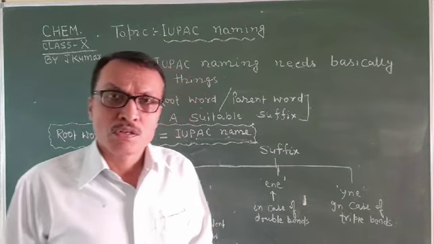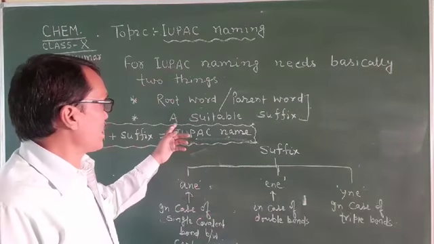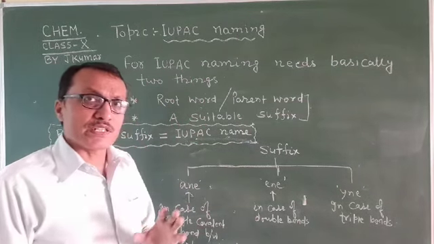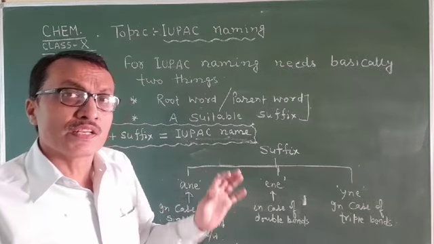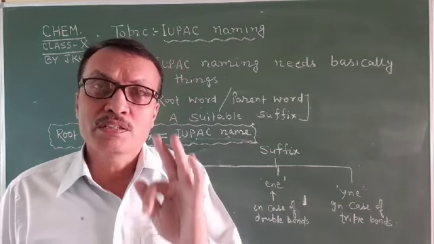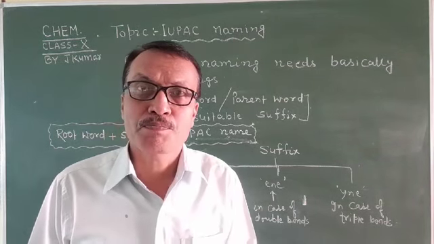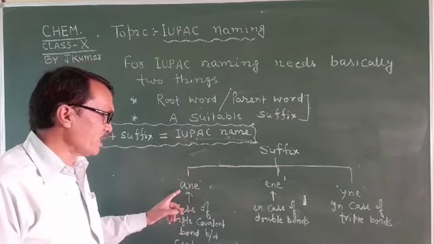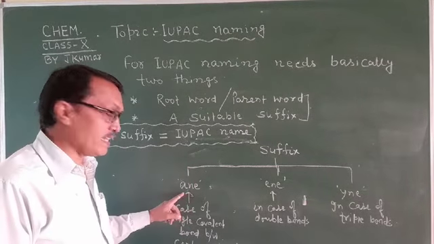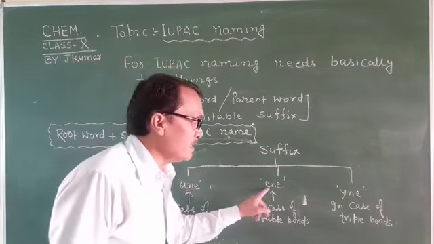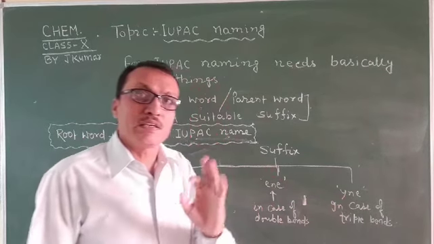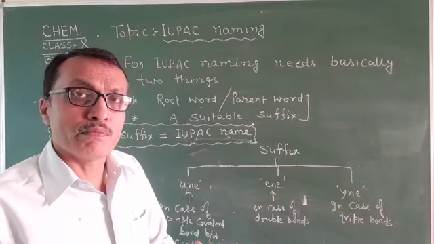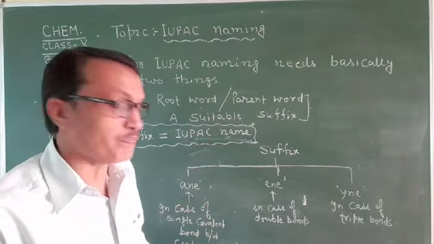Okay? Right? Suffix. Now a suitable suffix is required. Here we will use three types of suffix. Already I have written here: ane, ene, and yne. These are the three suffixes to use for IUPAC name.